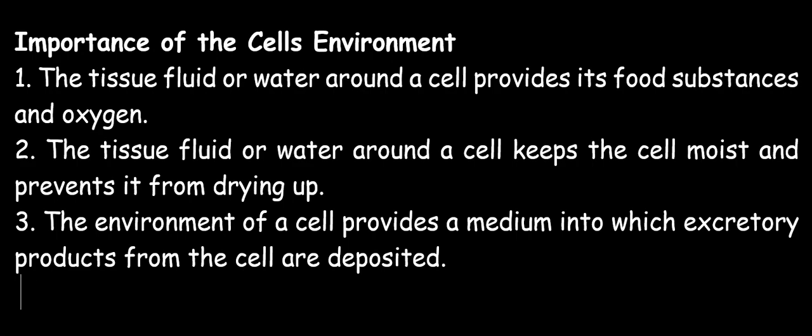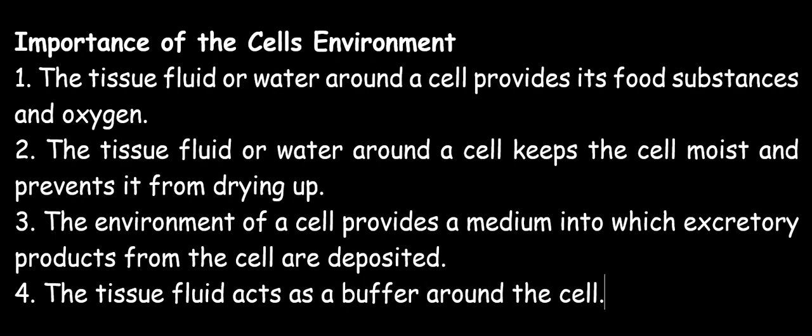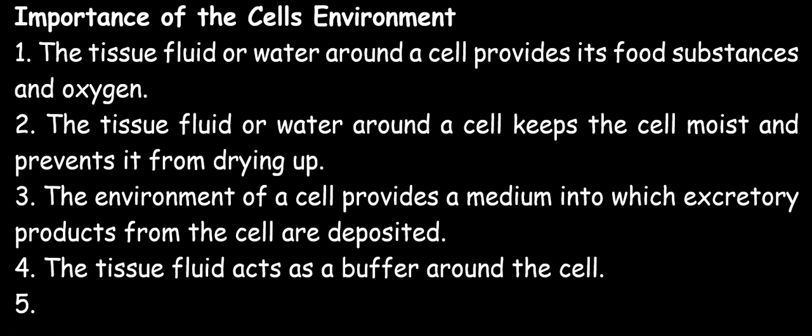Number four, the tissue fluid acts as a buffer around the cell. When we say buffer, what do we mean? We simply mean that the tissue fluid can control or regulate the degree of acidity or alkalinity around the cell.